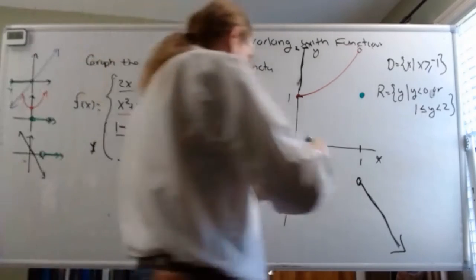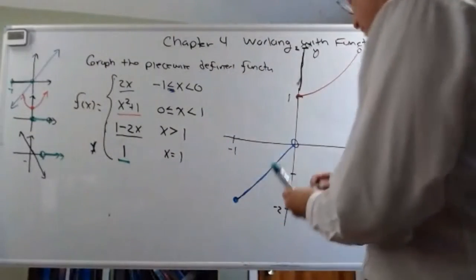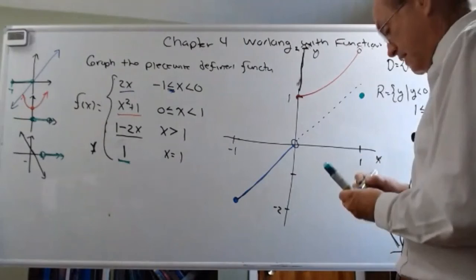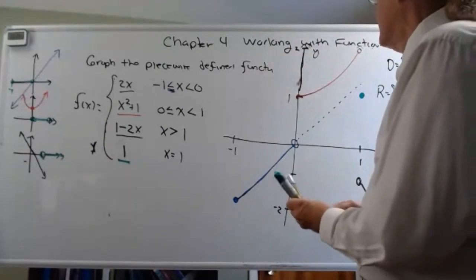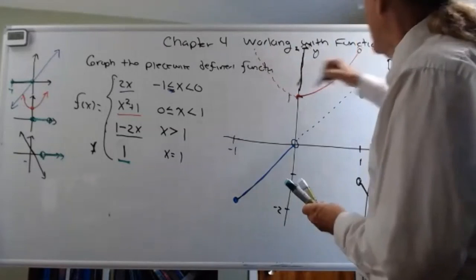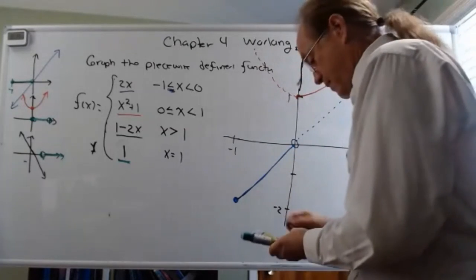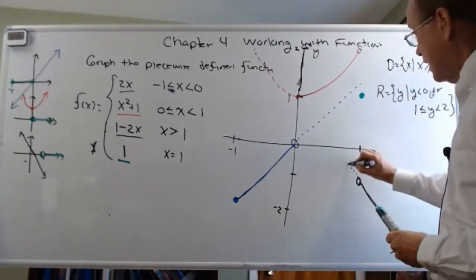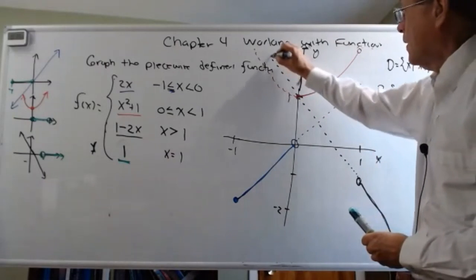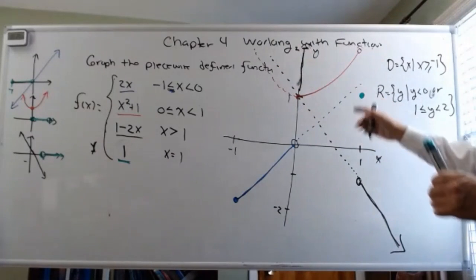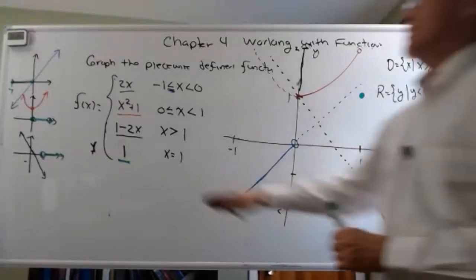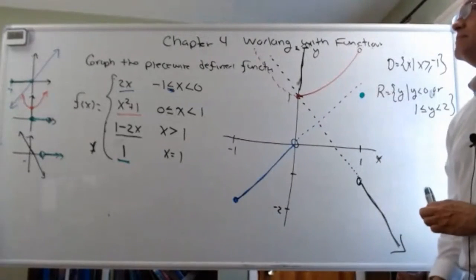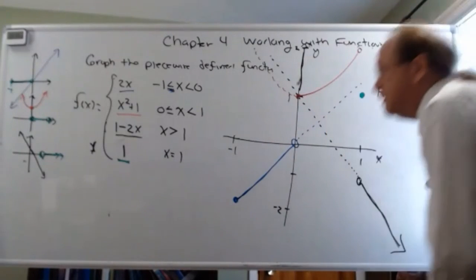You could superimpose them all on top of one another, meaning this is not part of the function, but I'll put it as a dashed line, meaning I don't capture this part of the other part of the parabola. The solid line is part of the function, but this is not. So the solid lines are part of the function. I'm ignoring the other ones because it's not defined by that on that part of the graph. So this is essentially what it is, and you just have to be careful.